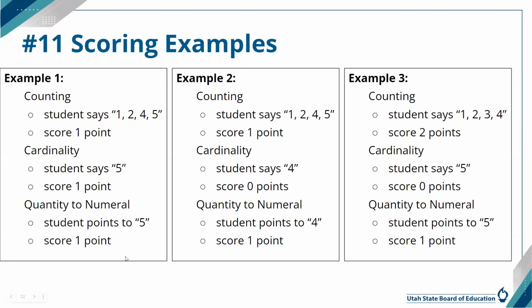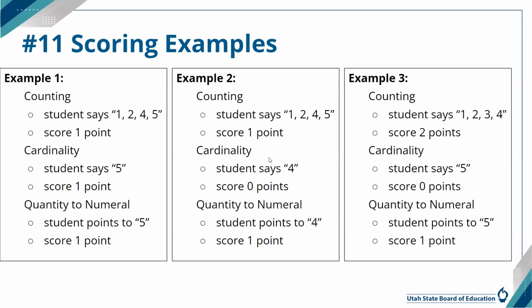They would score 1 point because they pointed to the number that they had said for cardinality. So these answers are dependent upon each other, and the student gets credit even though the technically correct answer for cardinality and quantity to numeral would be 4. They do get it correct because it relates to the number that they counted.